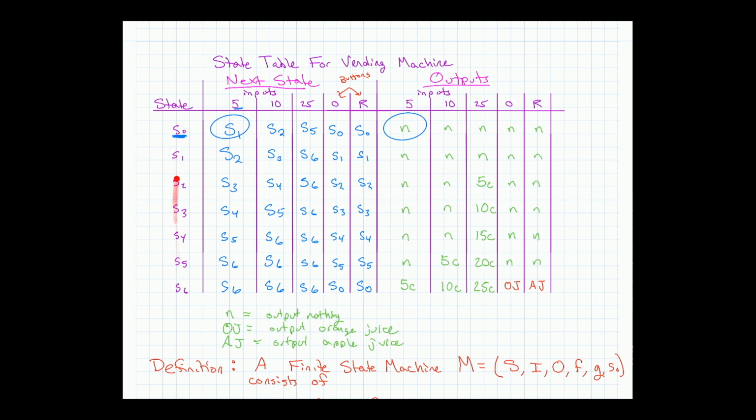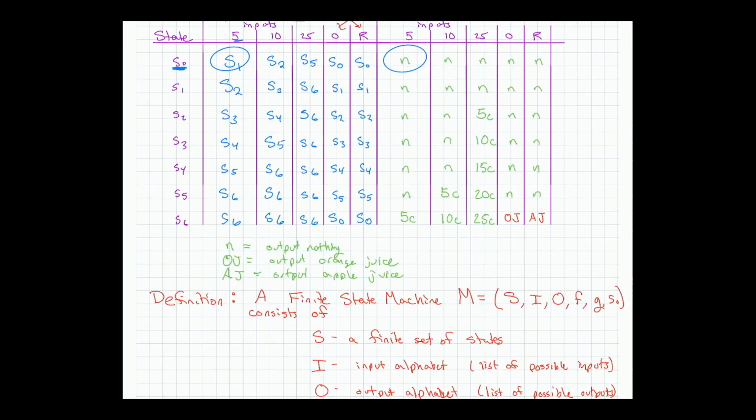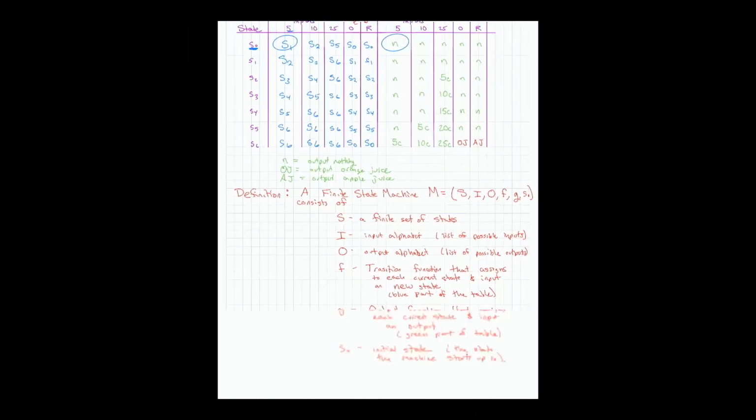This is our possible states, so this is S. These are our possible inputs, so that is I. This is also I. And in order to see our outputs, we didn't list them, but if you look here, you can see the possible outputs are nothing, 5, 10, 15, 20, 25, OJ, AJ. So all of these are possible outputs. Also the green is function G. So that's everything you need for a finite state machine.